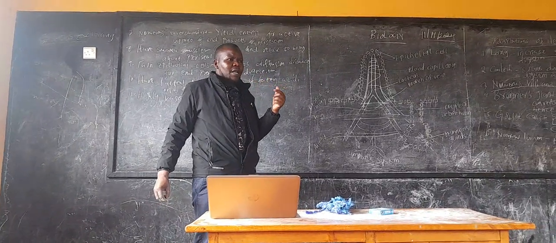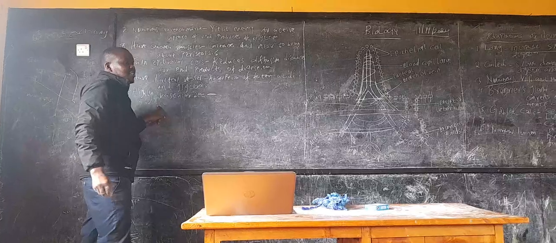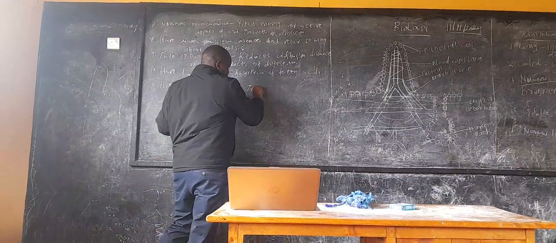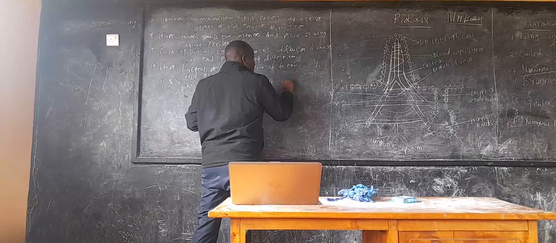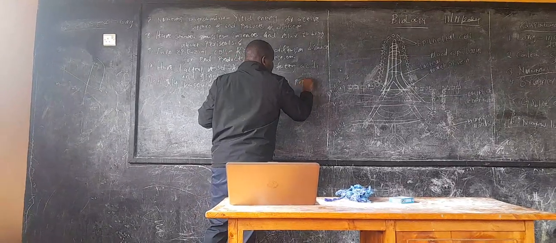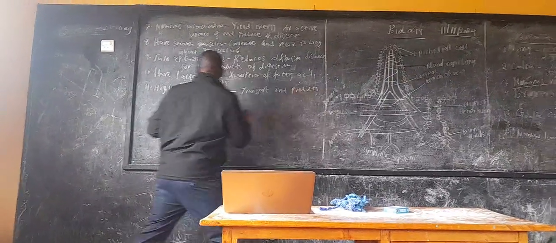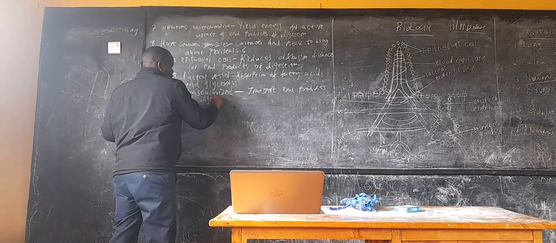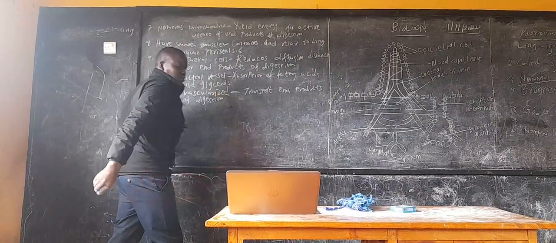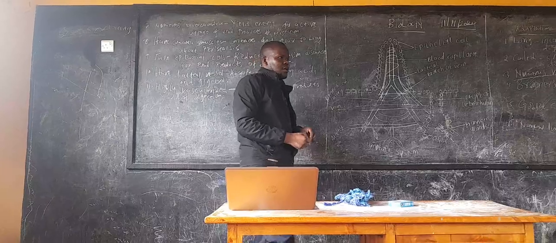To the bloodstream. Now these blood vessels, or high vascularization, is to transport the end products of digestion. And that is the end.